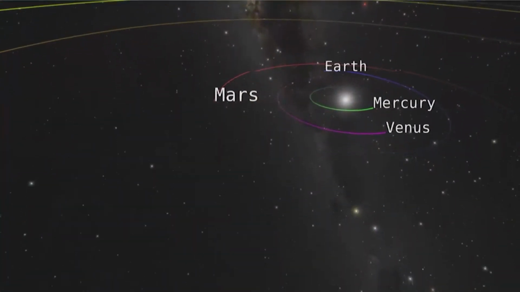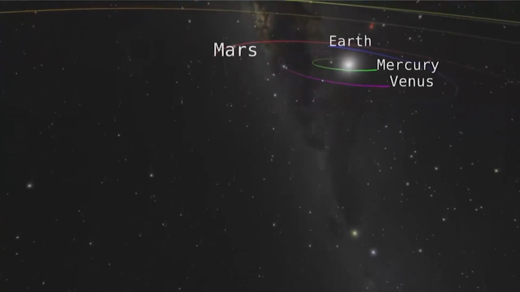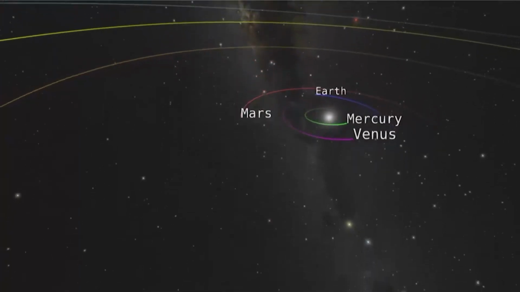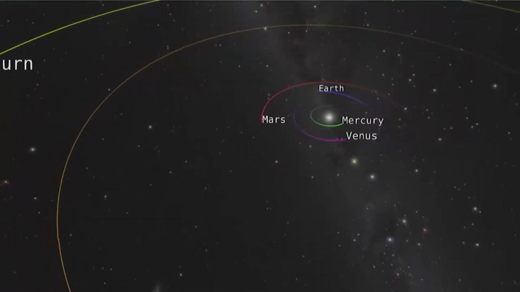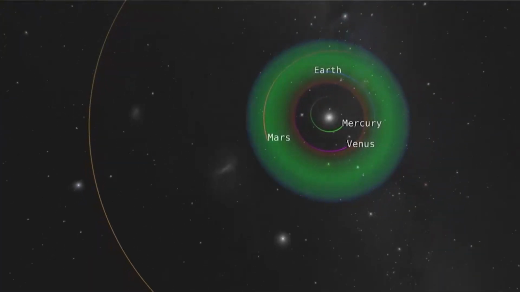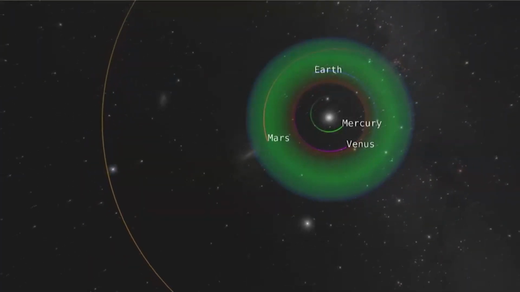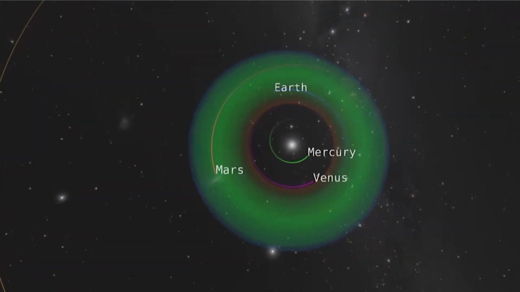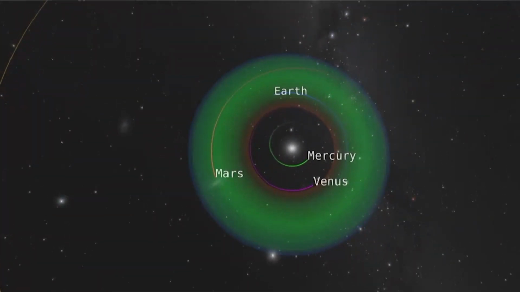And so here you see the Earth and all the inner planets. We can see the orbits of the outer planets. But I'm also going to turn on this green band that shows what's known as the habitable zone, or the Goldilocks zone. And you can see Earth in the middle of that, and Mars is on one edge of it, and Venus is on the inner edge.